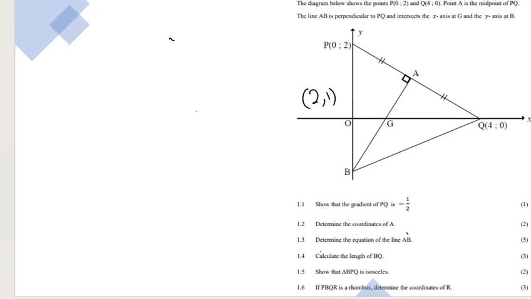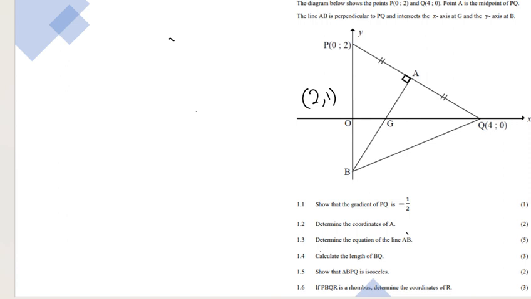Then let me draw. So now, if PBQR is a rhombus, they extend this shape.